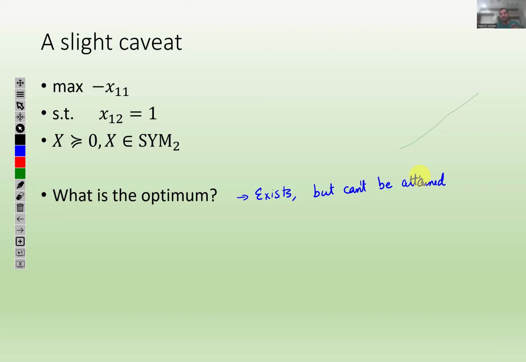Which is why when I say I'm going to solve semi-definite programs, I'm not going to give you an optimal solution as such, because I cannot produce x's that satisfy it in the domain, but rather will give you an approximately optimal solution. Solvers, which are basically computational programs that give the answer when you input the problem, will always give for SDPs an approximately optimal solution.